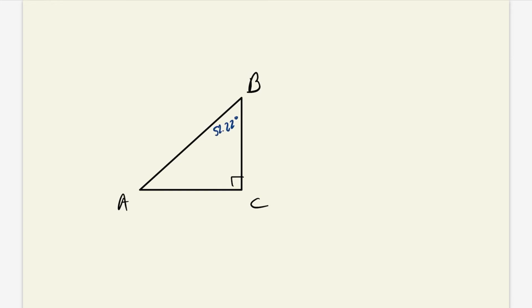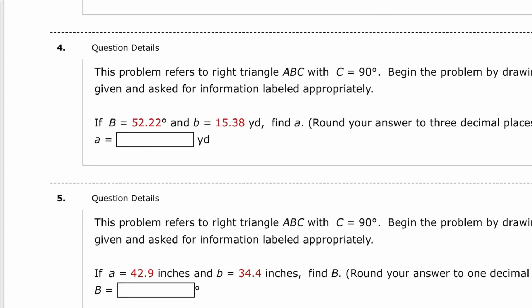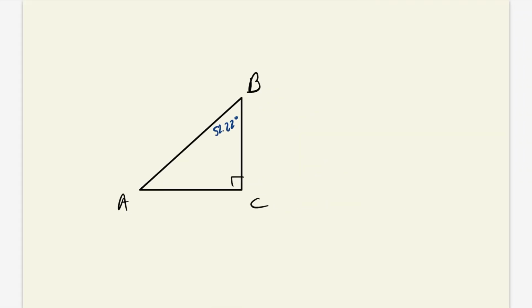Side B would be opposite angle B. This is side B here, given to us as 15.38. So we need to find A.